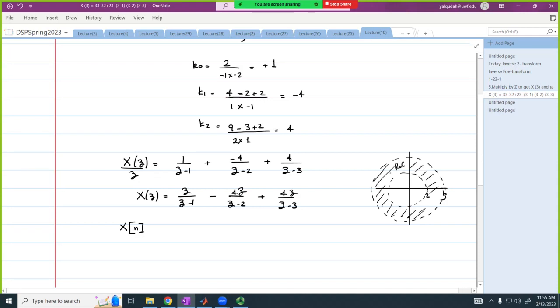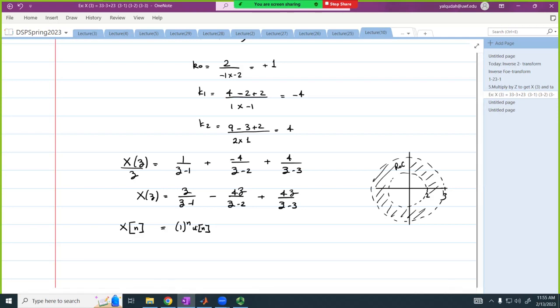Okay. So if you look at the first term, z over z minus 1, what is the inverse z transform? 1 to the n, u of n. Agree? Everybody? And why did we choose it like this? Because the root here, the pole, is at 1.